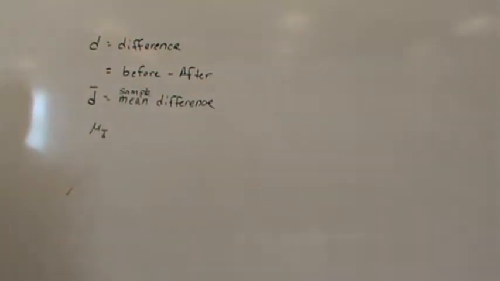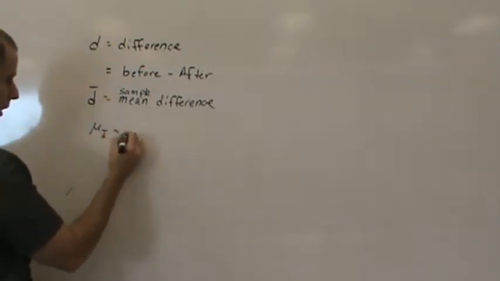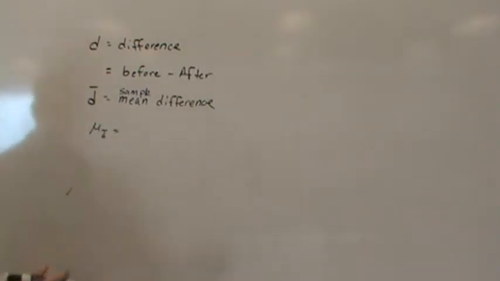For the sampling distribution, the central limit theorem gives us the mean and standard deviation of the sampling distribution for d bar. What we find is that mu of d bar is equal to mu sub d.